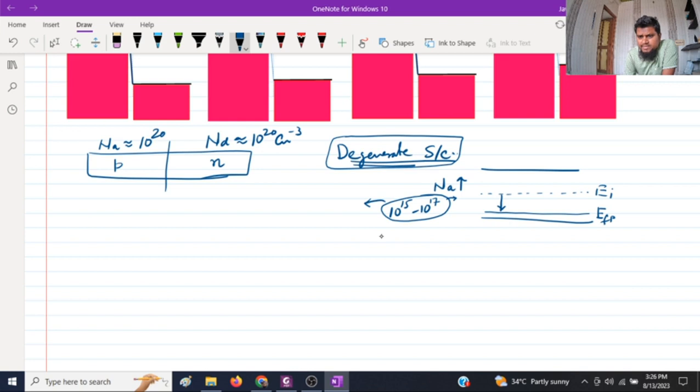So the Fermi level even comes below the valence band.